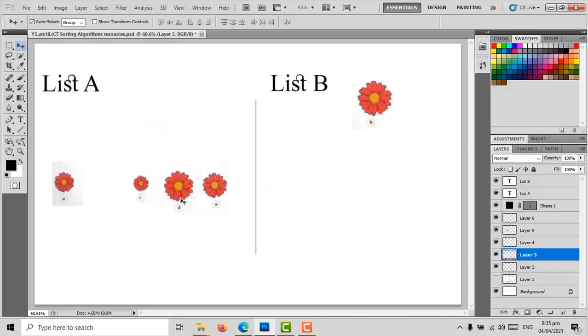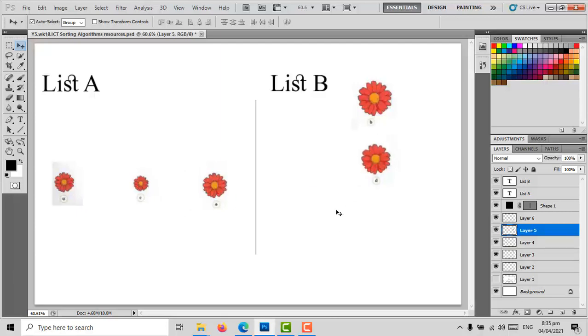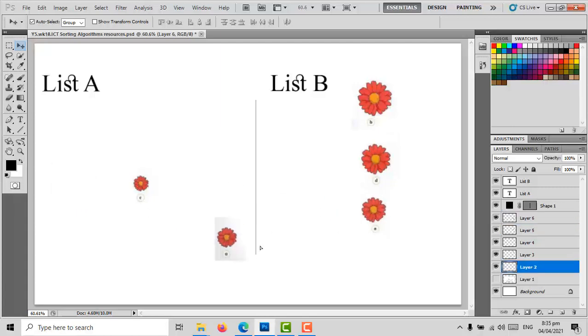Which is the next biggest flower? D, right? So we put it second on the list. And so on: the third biggest flower, the fourth biggest flower, and then this is the smallest flower right here.